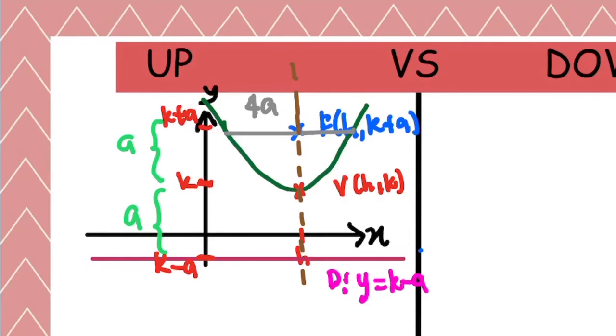So that is your axis of symmetry. Can you see here that it goes through the point H? So you can name your axis of symmetry as x equal to H, because that is the line of x.